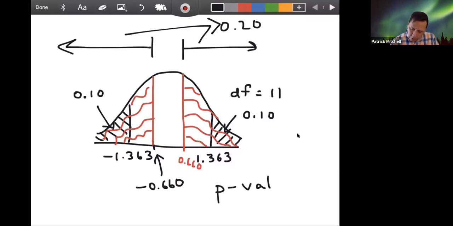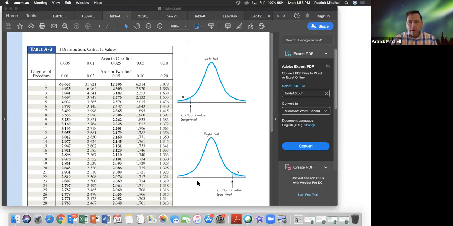So what we're going to do here in a second is bring up my favorite website, StatTrack, which will give us a more precise value for the p-value. All right, so let's have a look at that. Go back to the screen.